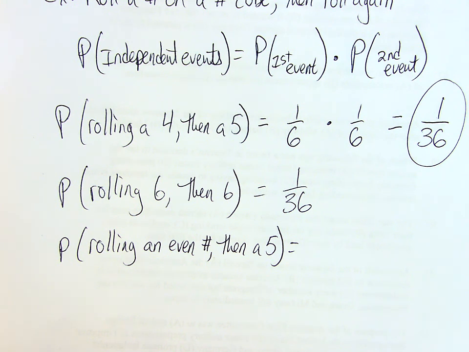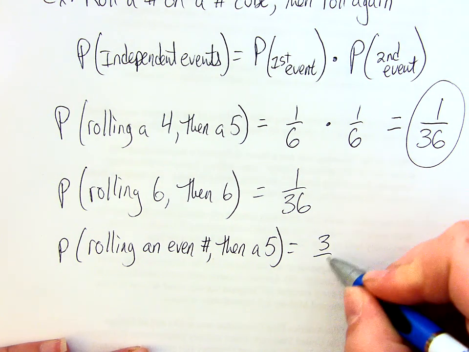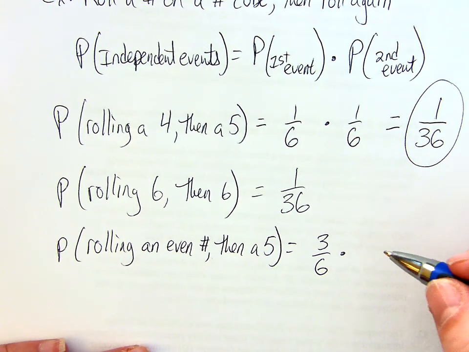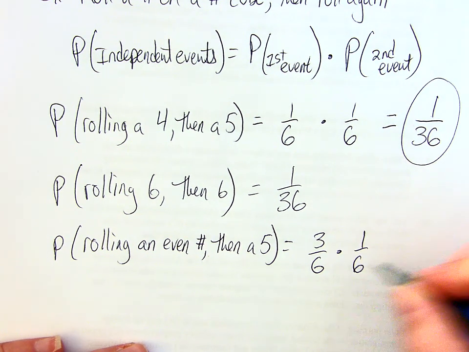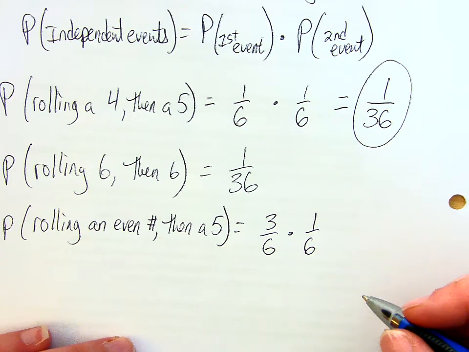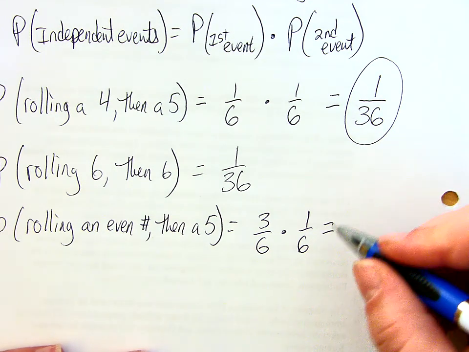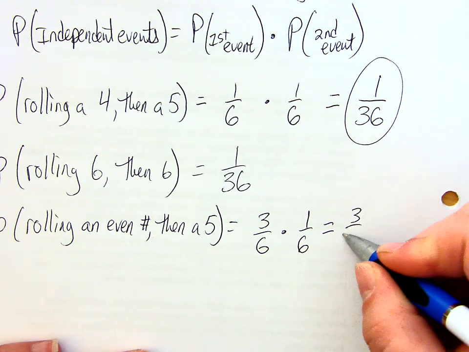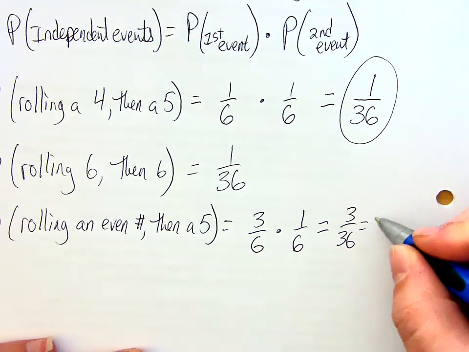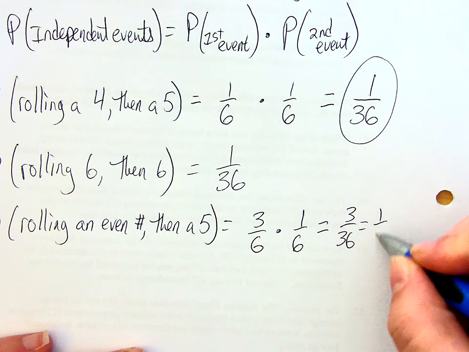What'd you say, Cohen? 3 out of 6. And then the probability of rolling a 5? 1 out of 6, right? So if you just multiply straight across, you can also reduce first if you like. It's up to you. 3 out of 36, and then that reduces down to be 1/12.